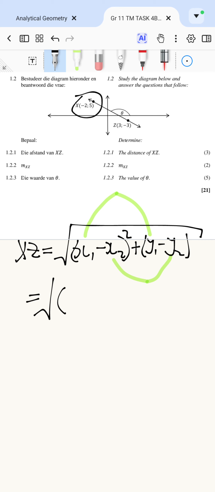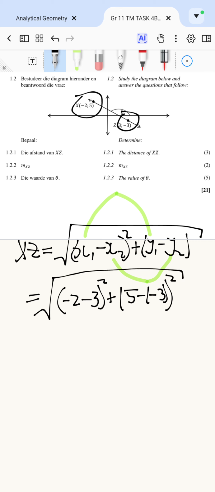So the x value there is -2 minus, let's assume this is the second one. So the x value there is 3. That's going to be squared, plus the y value there is 5 at the first one, and minus the y value of the other one, which is -3. So minus -3. Okay, let's write it as that for now, but I know that's going to produce a positive.